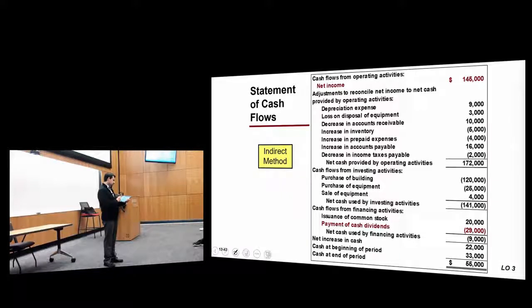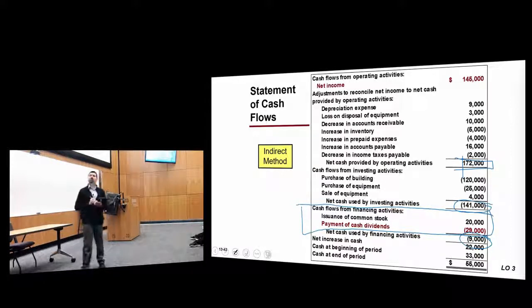This is cash flows from financing activities. You add those amounts, and it will give you net cash flows used by financing activities. In this example here, it was also used by investing activities. Net cash provided by operating activities was 172,000.